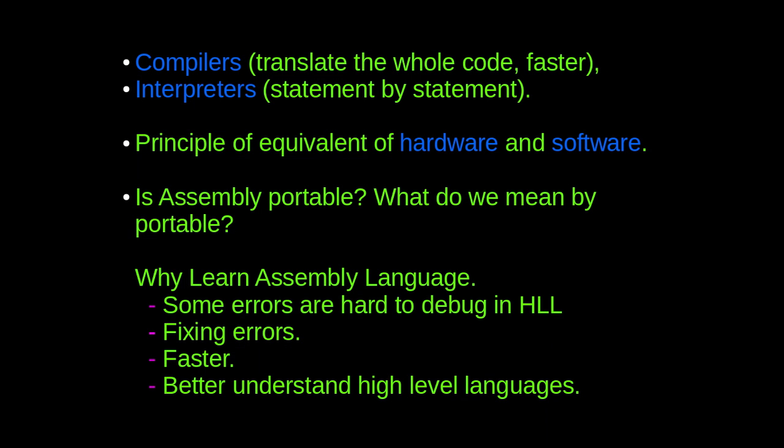Hardware is faster, really fast. Software is slow, there's compilation and all that. But if it's changing a lot and frequently, it's preferred to do it as software. Software gives us flexibility. We can change it easily. It's a code program. You go, you change it, execute, and you're done.